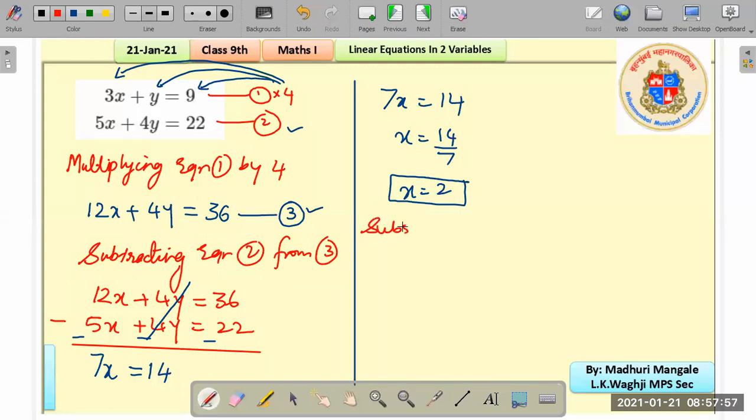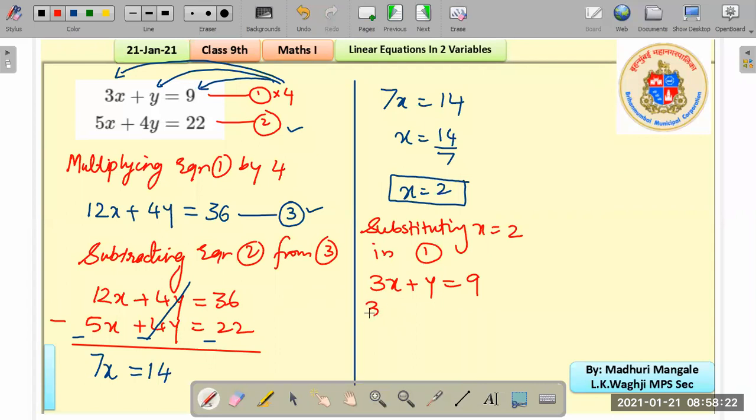So substituting x equals 2 in, let's say, equation 1. Equation 1 is 3x plus y equals 9.